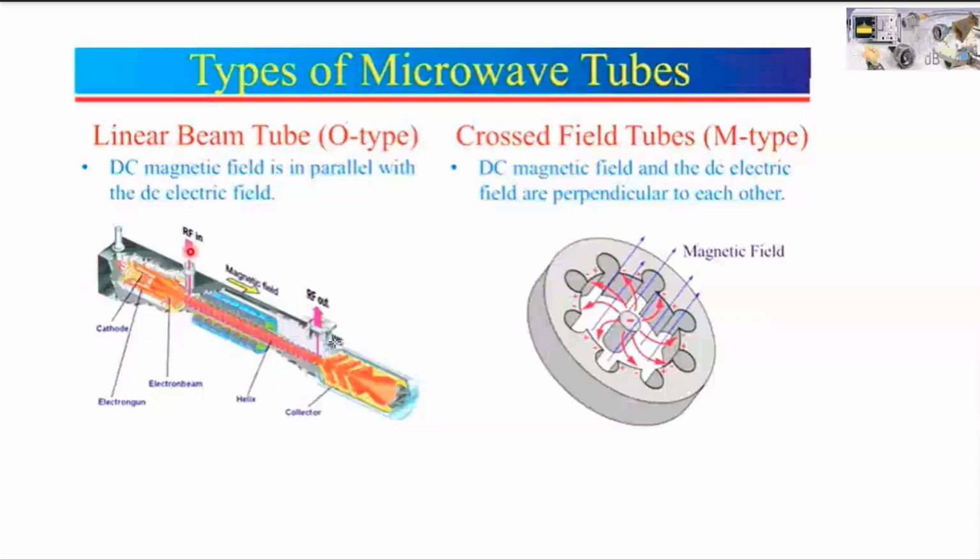From here we are applying the input signal. Once we apply the input signal, the charges move through these cavities. Basically these are cavities, with drift spaces between the cavities. So you can see the movement of the charge is through this. That means the electric field is through this particular space, and the same thing: once the charges move, the current induces a magnetic field, which is also in the same direction.